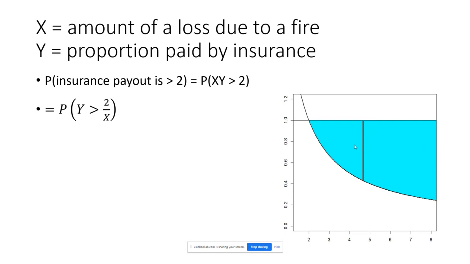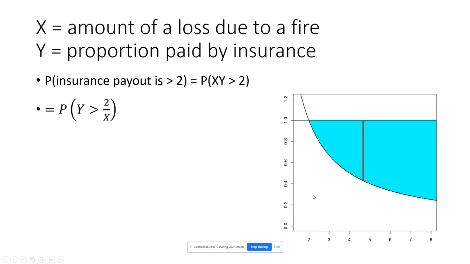So then for our inner integral, the bounds for y, what should the lower bound for y be? 2 over x, because that's what we're trying to find the probability of. What's the upper bound for y? 1. And what's the lower bound for x if we think about our first rectangle, if we slid it as far as possible to the left?